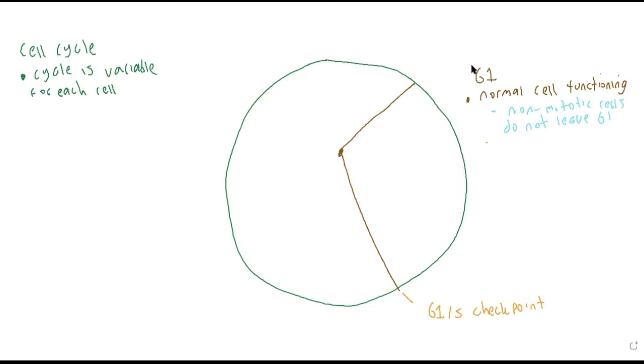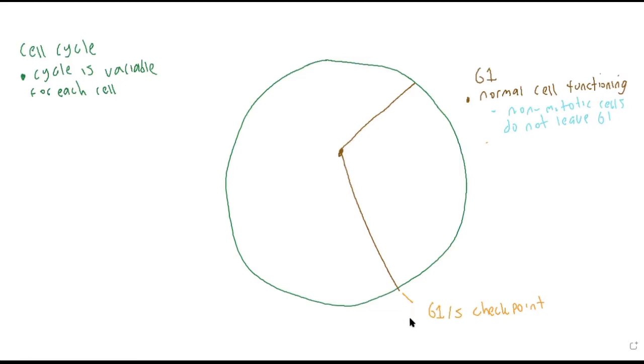So right now, G1 is the cell that's doing its thing. It's doing its normal functioning. But if a cell is actively mitotic, various check systems are going to assess if the cell is capable of moving into the stages of cell division. The most important checkpoint is called the G1S checkpoint.